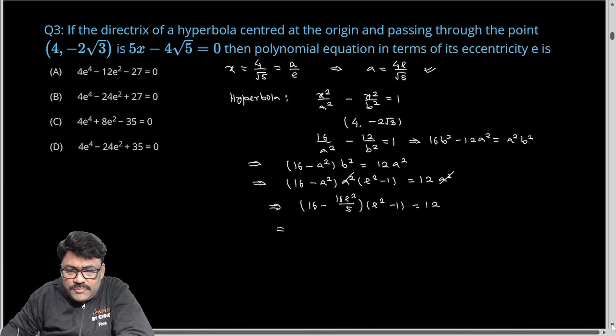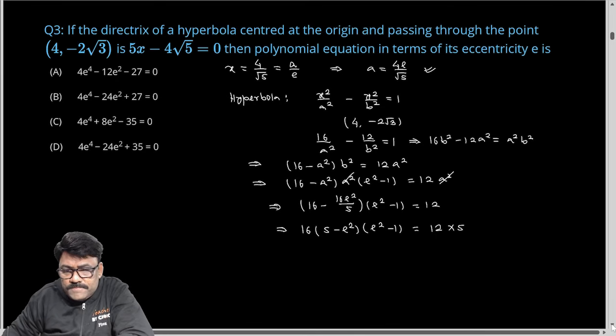Here 16 can be taken common. So you will get (5 − e²) multiplied with (e² − 1) is equal to 12 into 5. Now you are getting 4 times. Just multiply these two brackets. So you are getting 5e² − 5 − e⁴ + e².